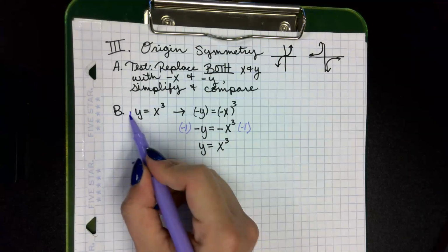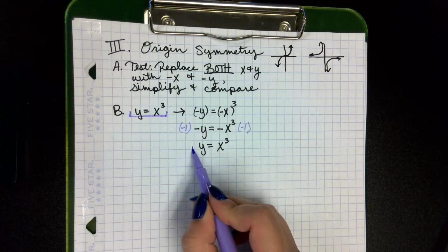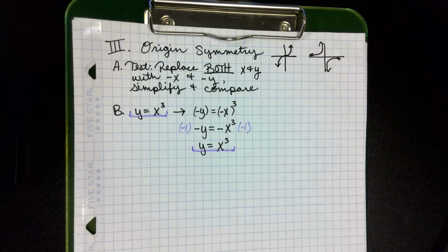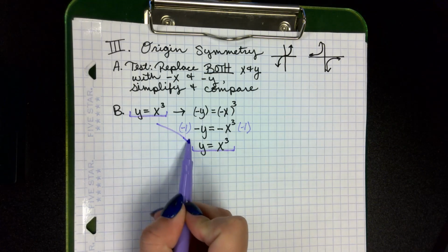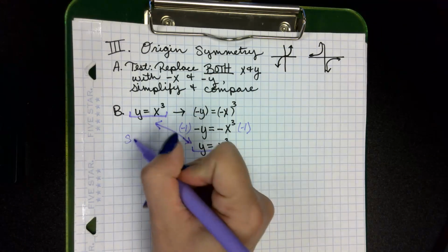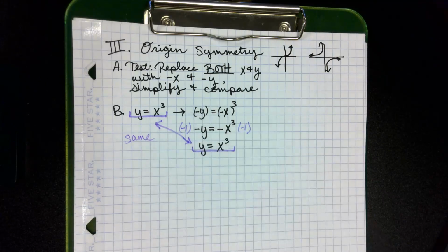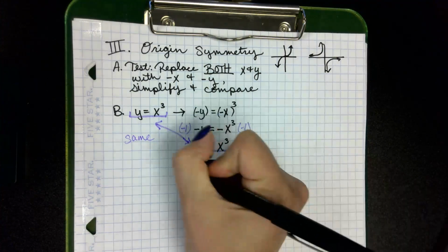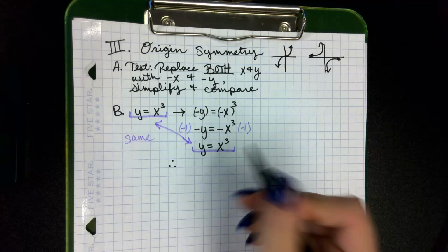And then I compare my original function with my simplified function. Those are exactly the same. They are both y equals x to the third. Therefore, origin symmetry.